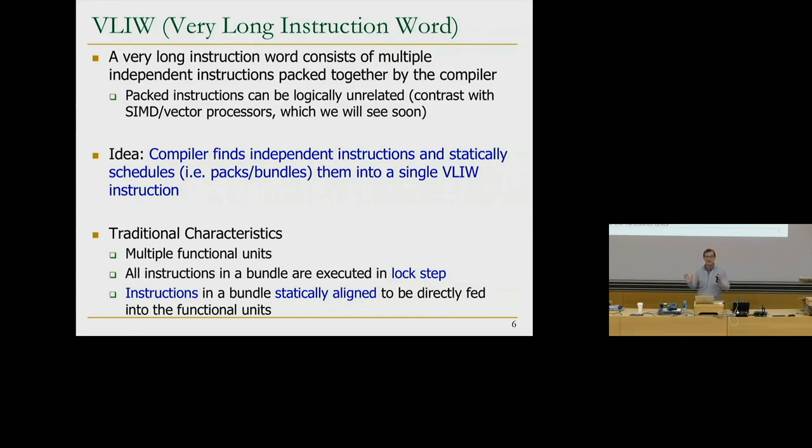So a compiler needs to know the machine really, really well. And if you're the programmer, if you're the assembly programmer, you need to know the machine extremely well to be able to program this sort of machine. So it's not easy to program, but if you develop a really good compiler, the compiler is able to reason about these things and able to schedule instructions such that it can find independent instructions across the entire program potentially.